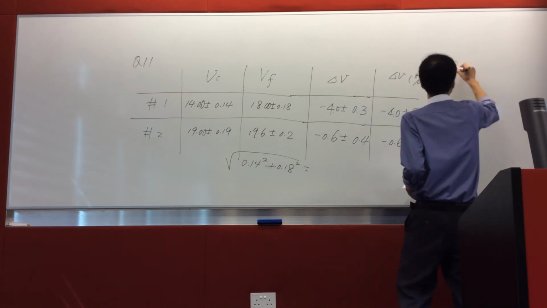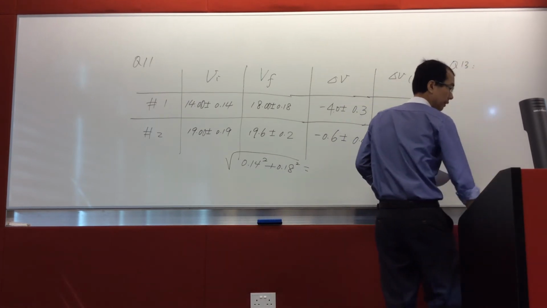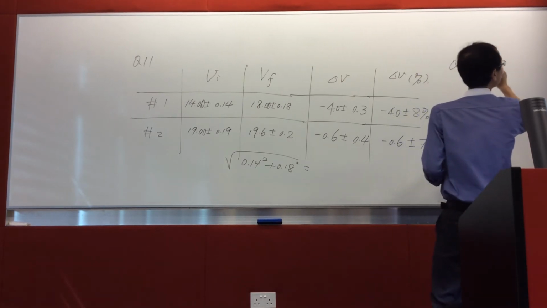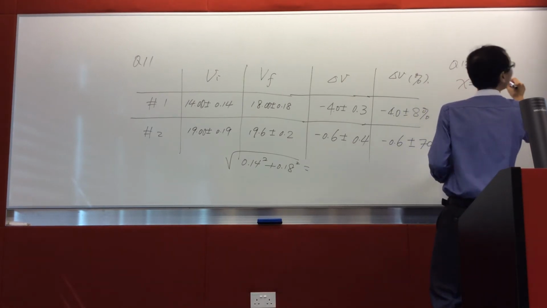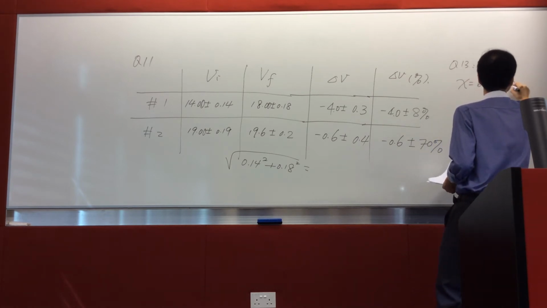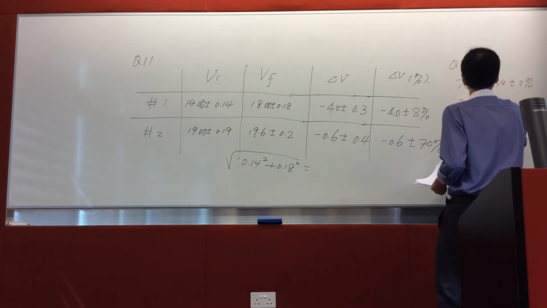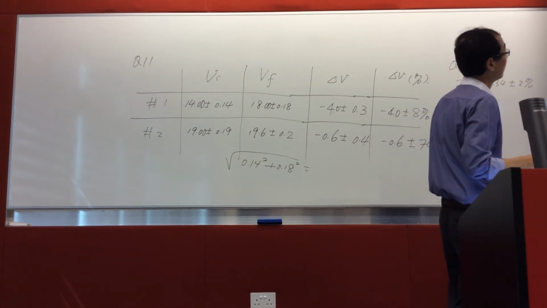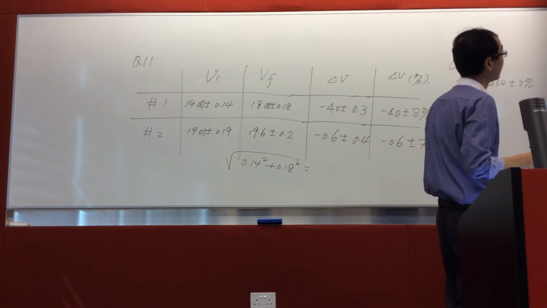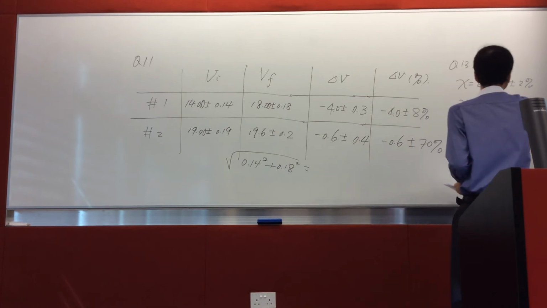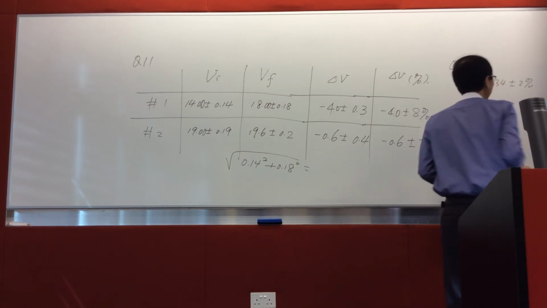So the question says x is 6.1234 plus minus 2%. How do you report this uncertainty?